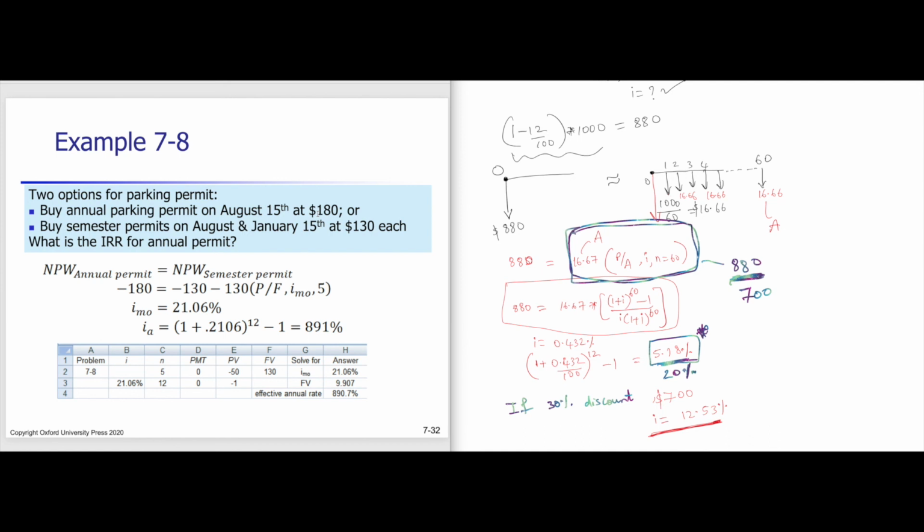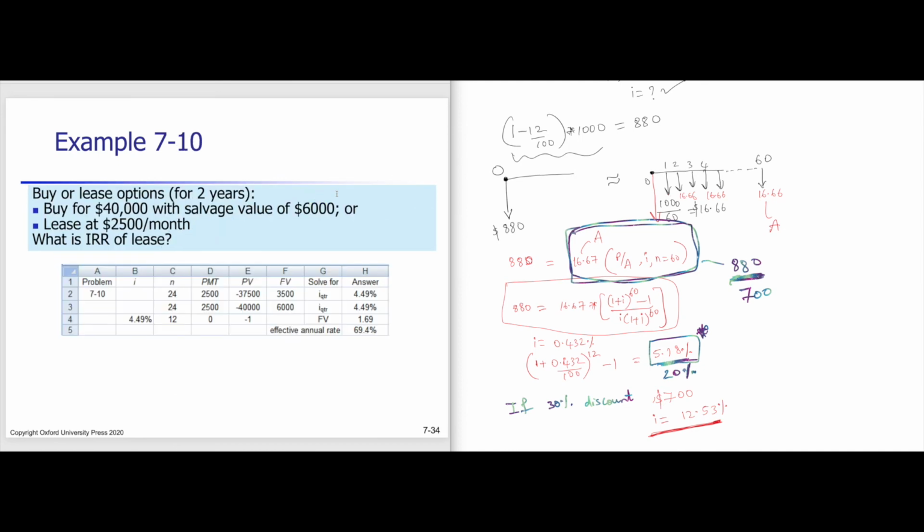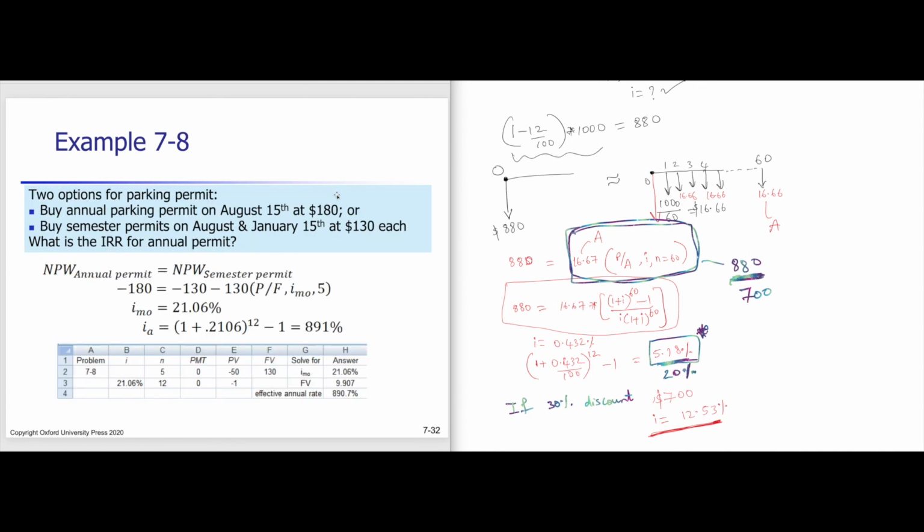So we can prove that. If we solve this problem in the exact process that I explained for the previous problem, we end up finding that the interest rate is almost 891%. If we compare the semester-wise parking permit to the annual parking permit, the semester-wise permit has almost 891% internal rate of return interest.